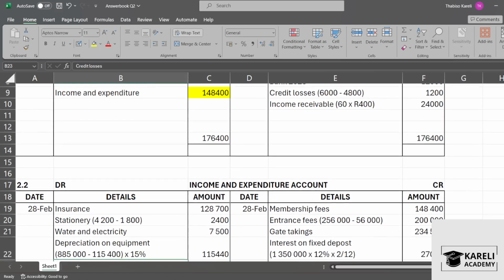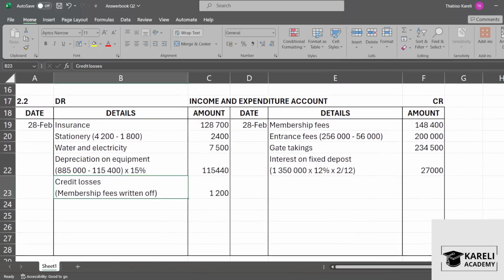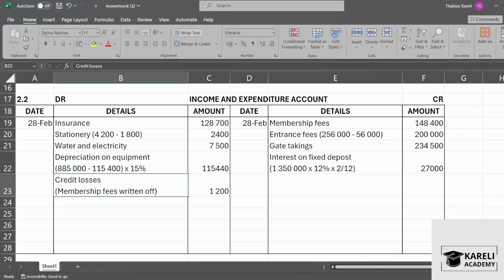Then we are done. We must balance our two sides. When I check, the debit side looks greater. It's 609,900. And then the difference between the two sides, we will call it accumulated funds.